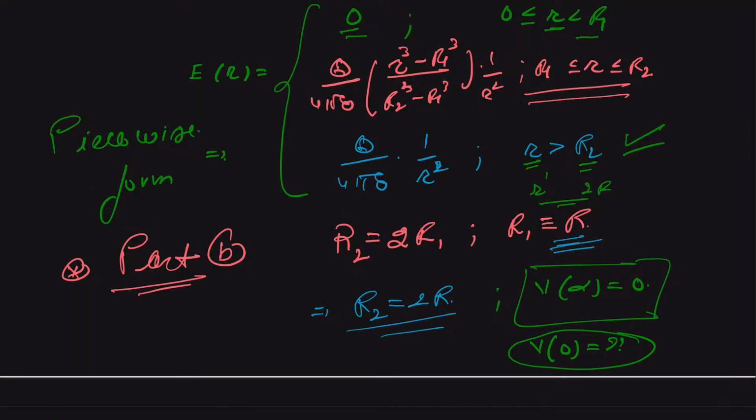We already know this region, because in this case also r1 is equal to r, r2 is equal to twice r, and this r we have taken as r'. So the value of the electric field is already known to us.